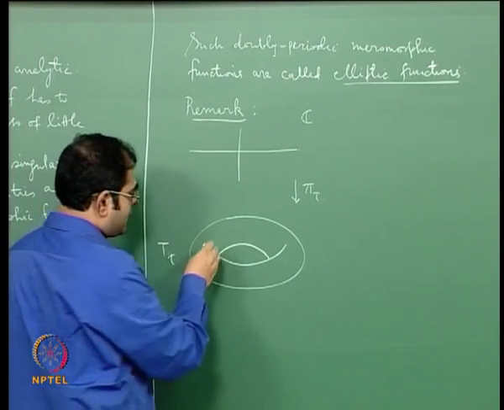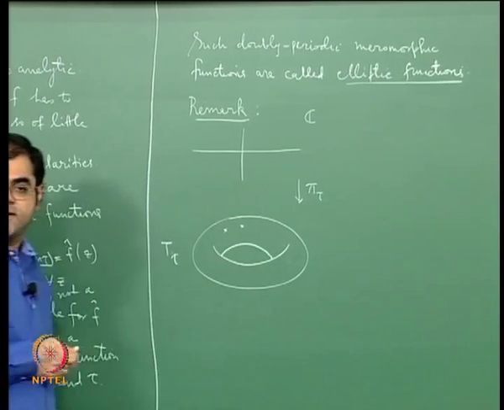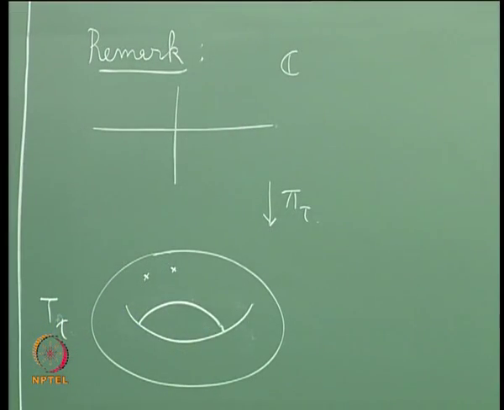Suppose I take a couple of points, a finite set of points separated from each other, and take their inverse image.